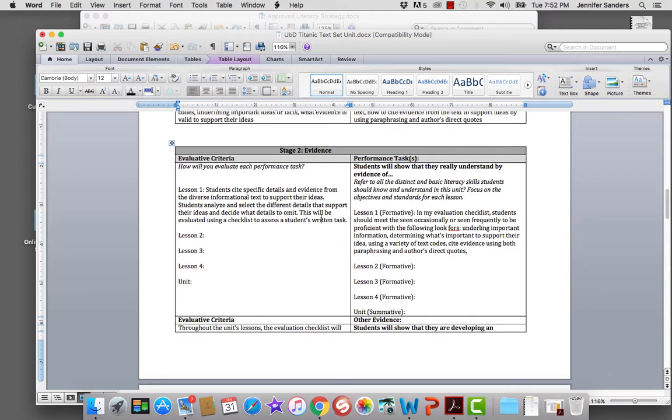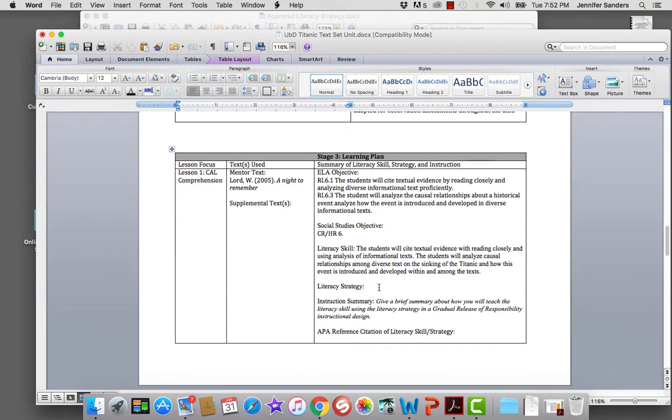So therefore, I'm going to use the double entry diary. This is what I do. Okay, the literacy strategies. The students will cite, make it short because you don't have to constantly repeat here.